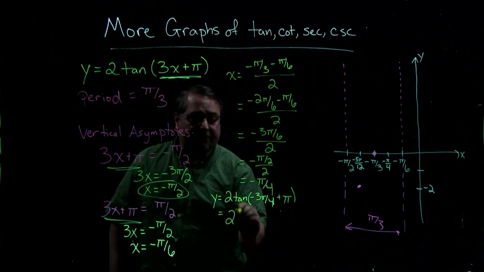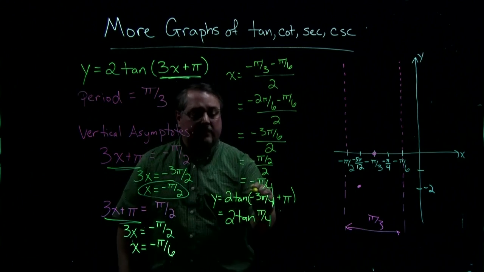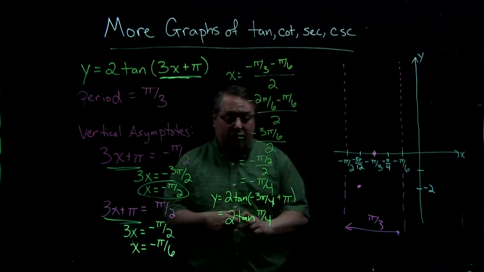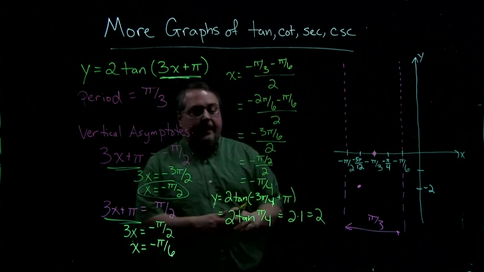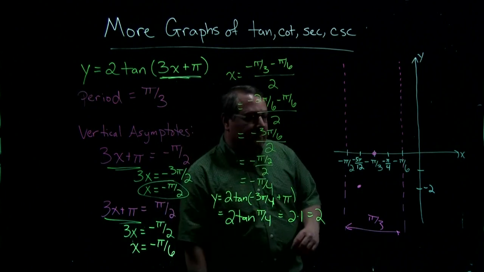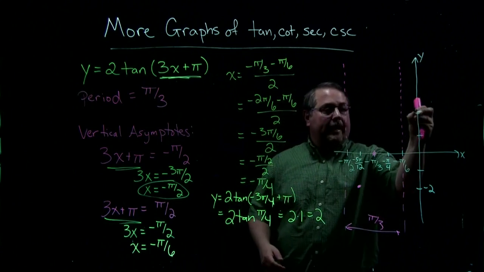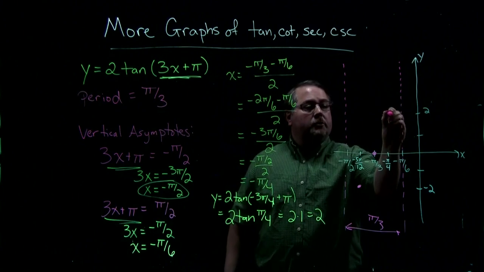Okay, so that's going to be 2 times the tangent of pi over 4. Okay, negative 3 pi over 4 plus 4 pi over 4 is 1 pi over 4. Okay, and the tangent of pi over 4 is 1, so we're going to have 2 times 1 is 2. Okay, so we're going to have our last point at x equals negative pi over 4, y equals 2.